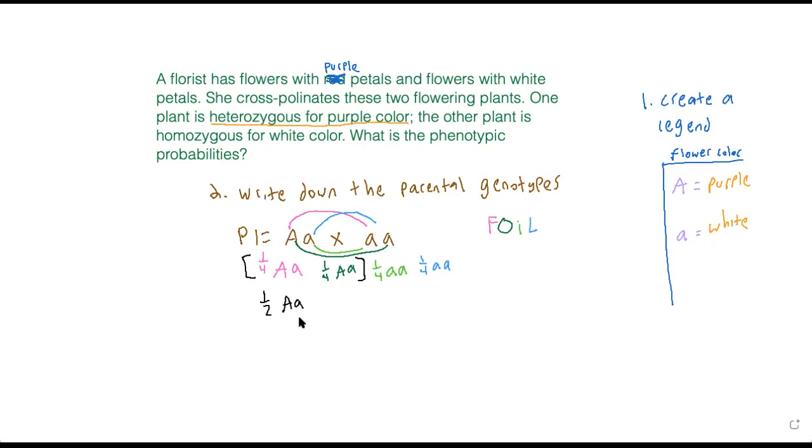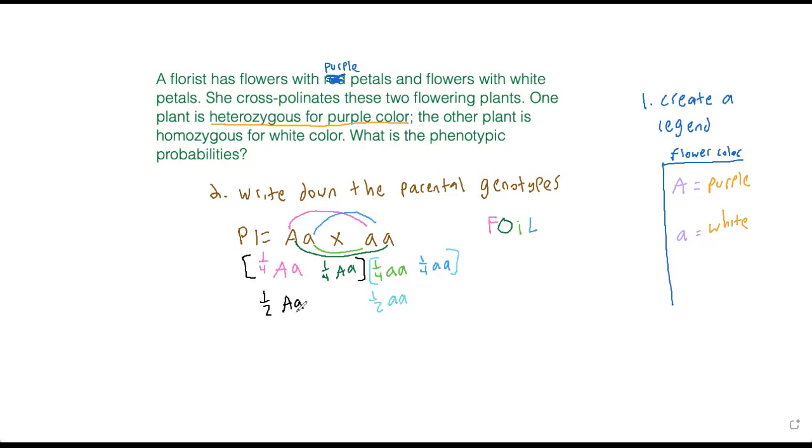So there's a 25% chance of an offspring inheriting being heterozygous. There's a 25% chance, because we have 2 of the same outcomes here. So a 25% chance of the organism being homozygous recessive. So 1/2 small a.